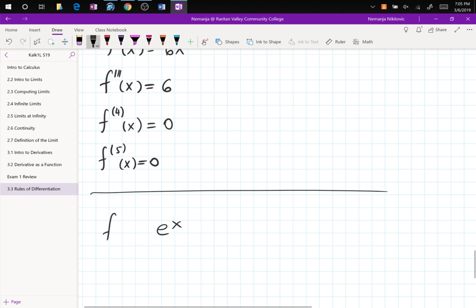So, if f of x is e to the x, what is the 1374th derivative of e to the x? Wow, you guys are experts in taking 1374 derivatives in a row in a split second. That's awesome. So, it depends on the function.